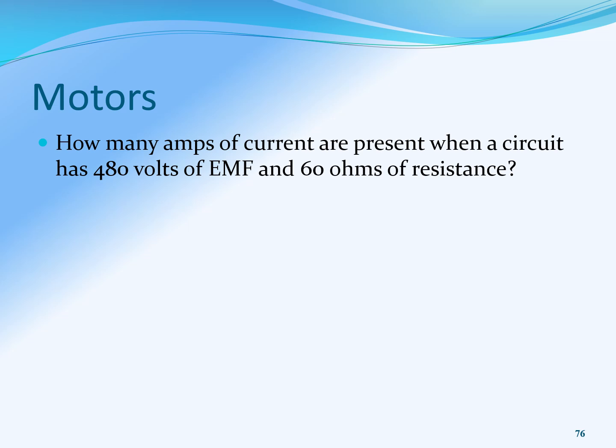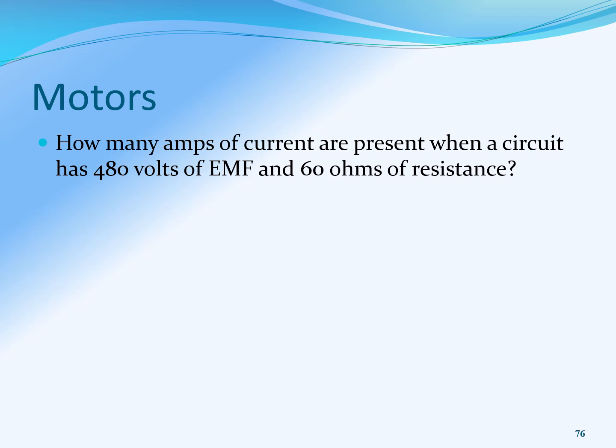Okay, so here we're going to work in the opposite direction. In the last equation we multiplied; in this equation we're going to be dividing. The problem reads: how many amps of current are present when a circuit has 480 volts of electromotive force and 60 ohms of resistance?